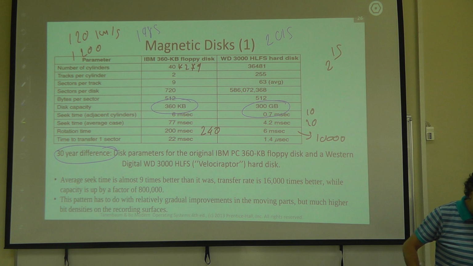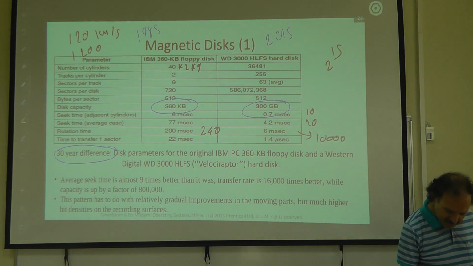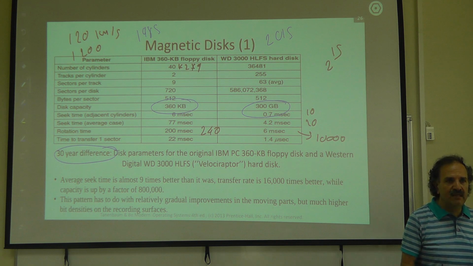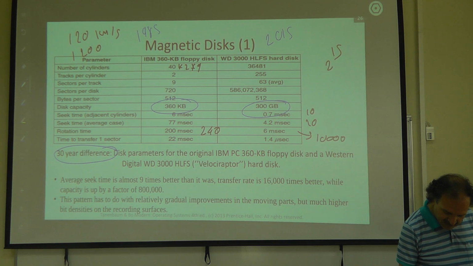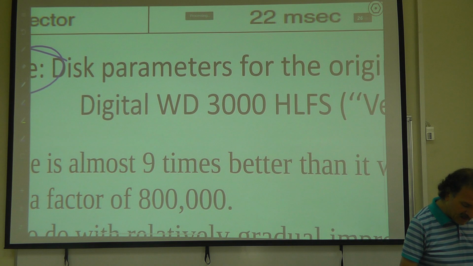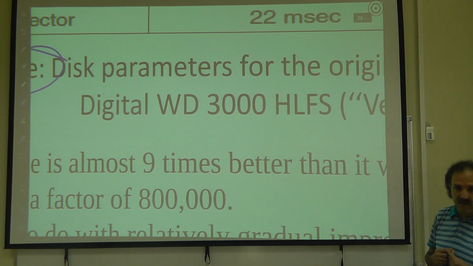Even though the mechanism did not get much better, why do you think this is much better than the mechanics? I didn't have a speed up of more than 40 times, but my transfer rate is much better and my capacity is up by 800,000 times. These are very good numbers.